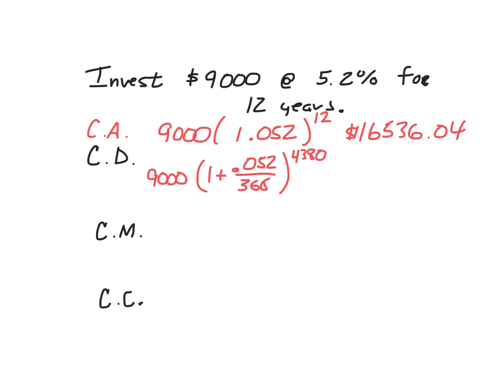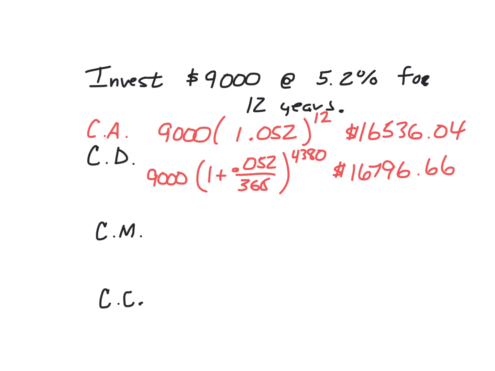And then now doing that on my calculator, 9,000 in parentheses, I'm going to have 1 plus 0.052 divided by 365. Close that parenthesis and take that all to the 4,380 power. And you should get a little bit more than this, $16,796 and about 66 cents.